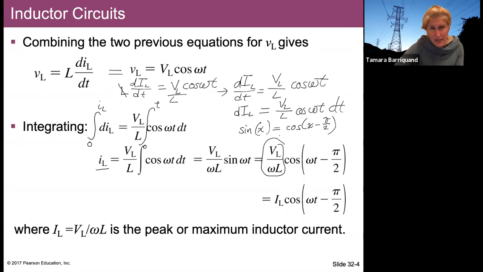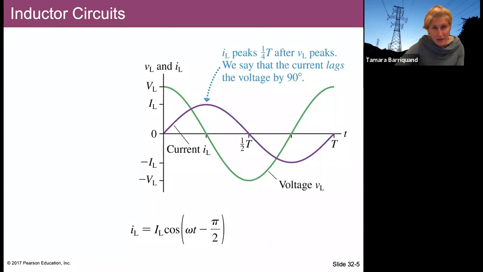So let's go ahead and plot both our instantaneous inductor current and our instantaneous inductor voltage. So here we have I sub L in purple, and here we have the instantaneous voltage V sub L in green.